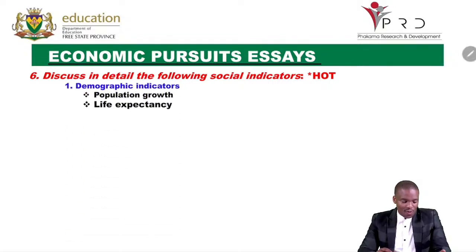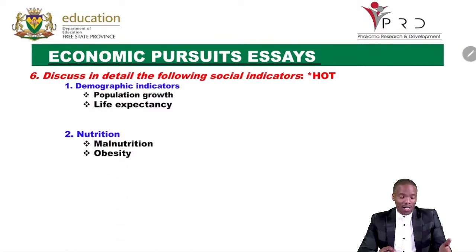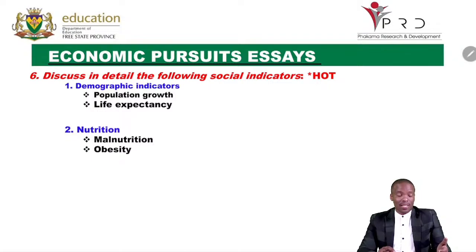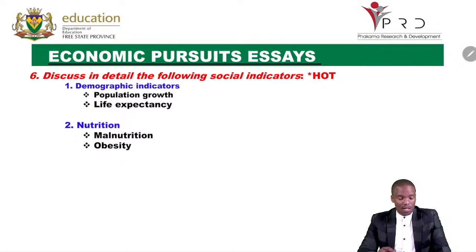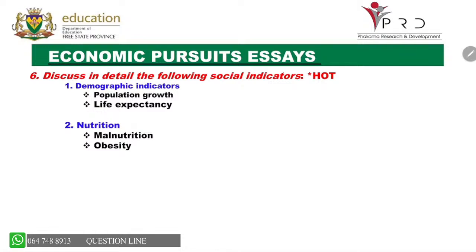Then number 6, we are looking at the social indicators. Another one that we need to remember, where we are looking at demographics. Under demographics is population growth and life expectancy. Nutrition, including malnutrition and obesity.